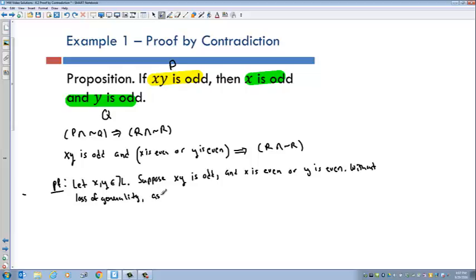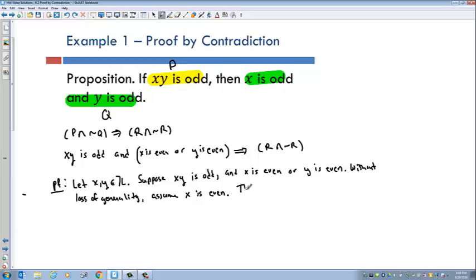You could do cases, like case 1 would be x is even and case 2 would be y is even. That would be fine too, but we can do it this way because the proofs will be exactly the same, you'll see. So without loss of generality, assume x is even.